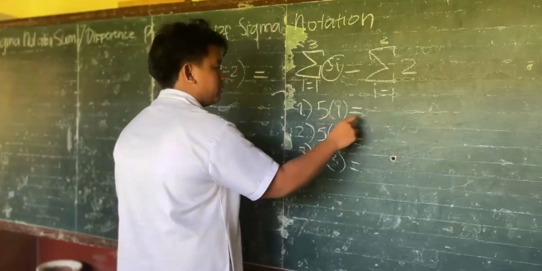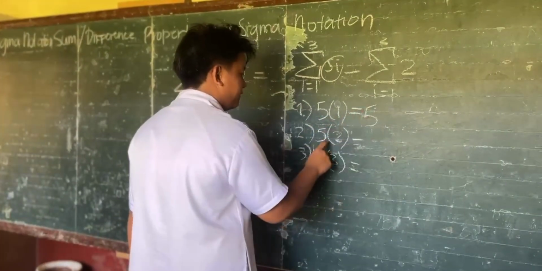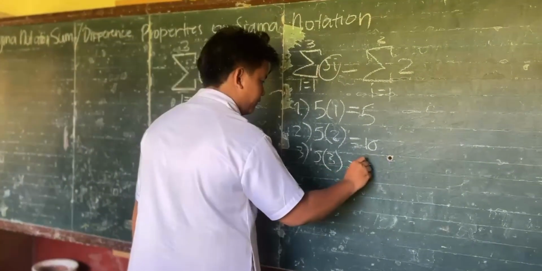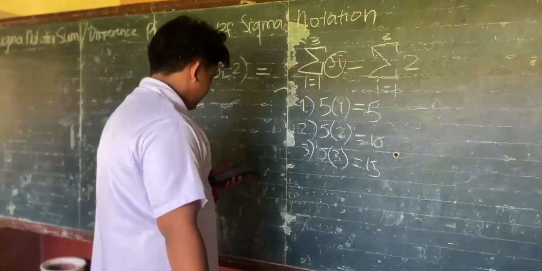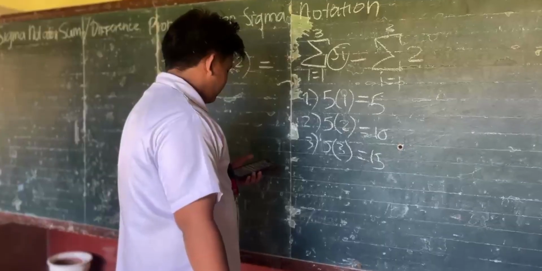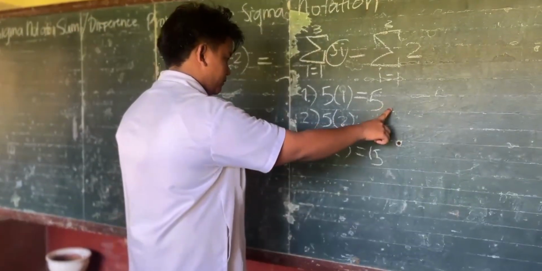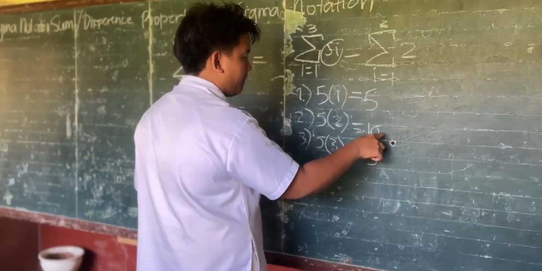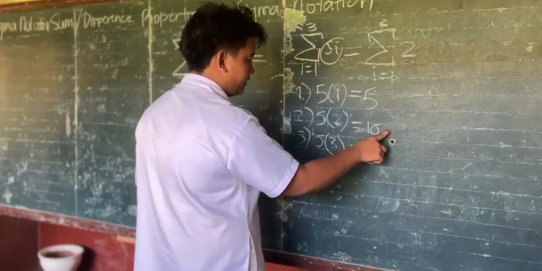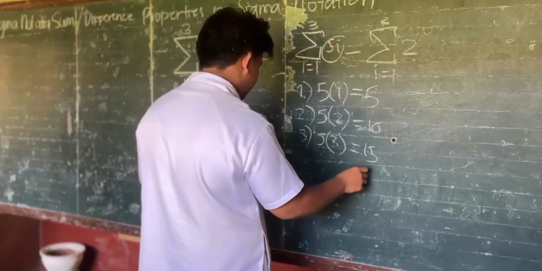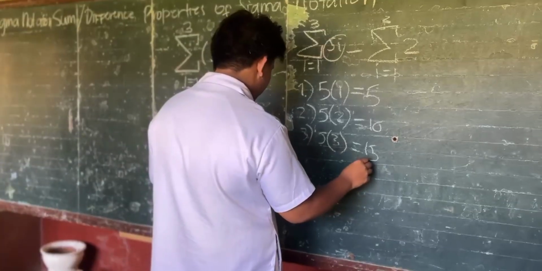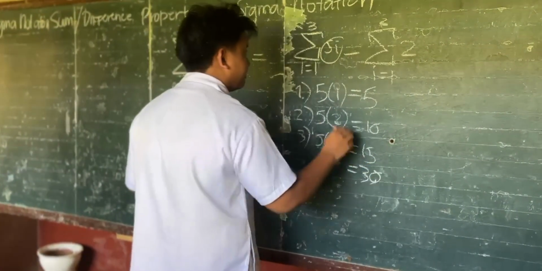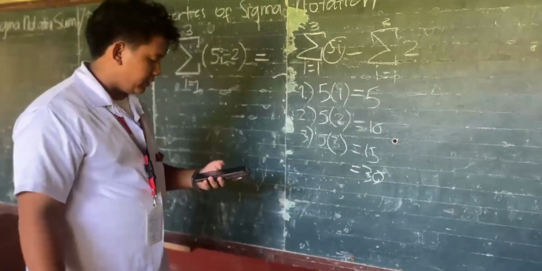So 5 times 1 equals 5, and 5 times 2 equals 10, and 5 times 3 equals 15. After that, we add all the sums that we got. So 5 plus 10 equals 15, and 15 plus 15 equals 30. So our sum in the first term is equal to 30.